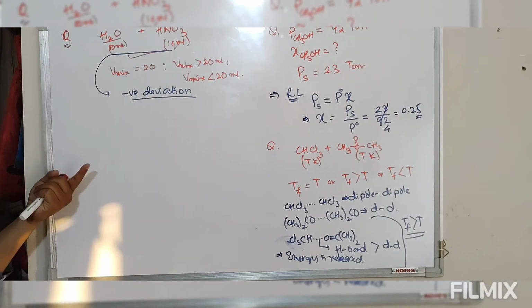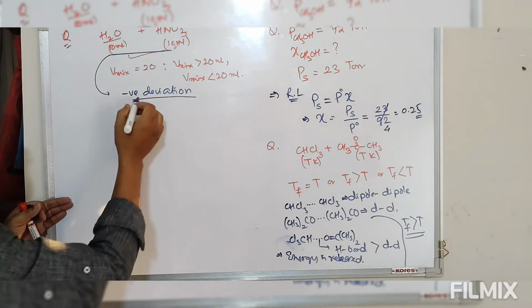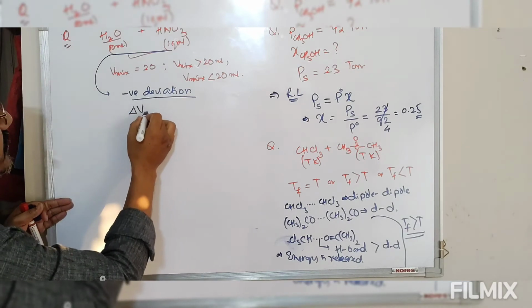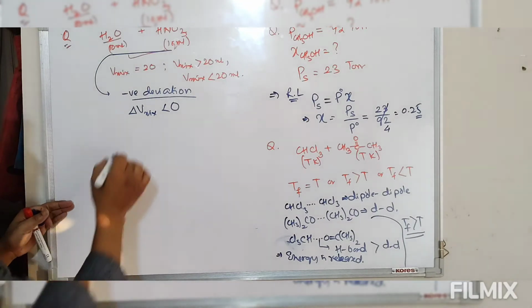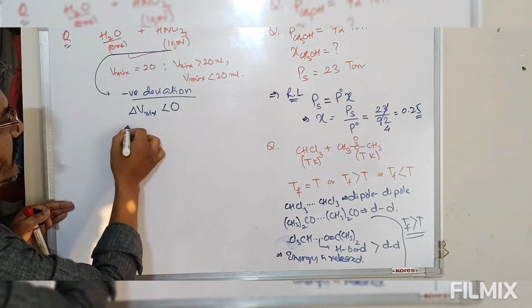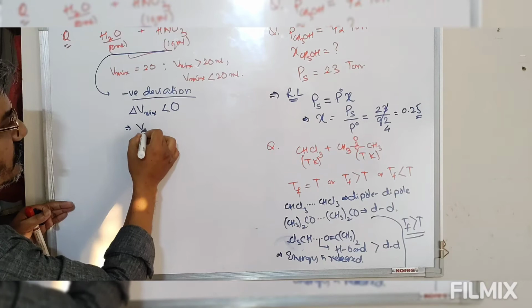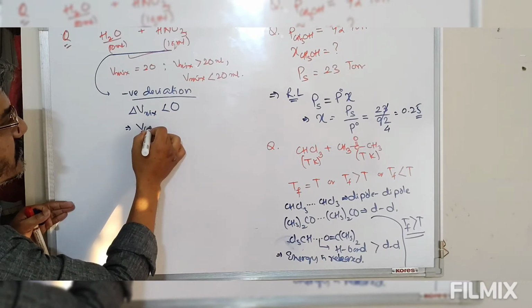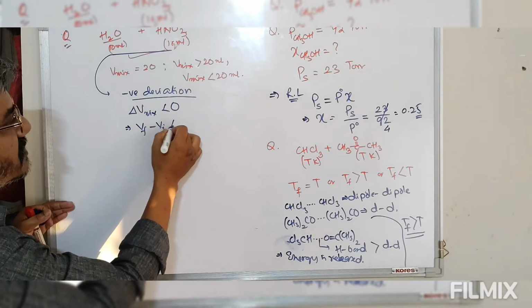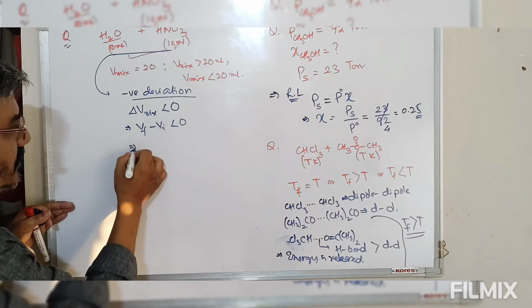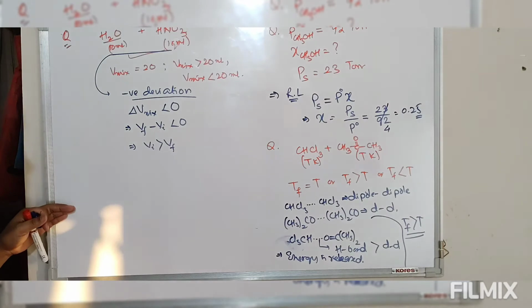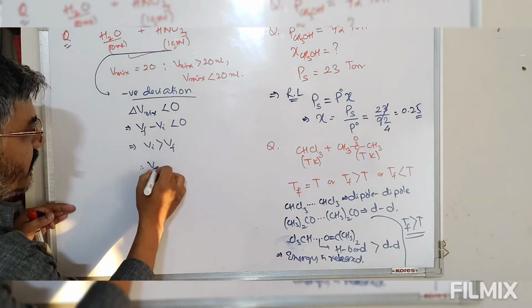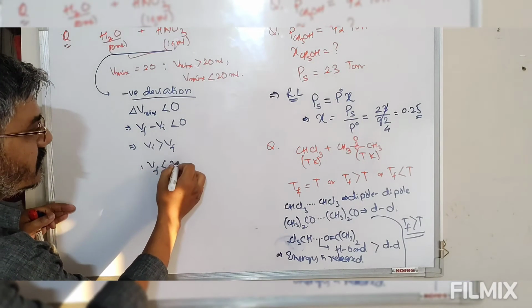If the solution forms negative deviation, then the condition says delta V mix should be less than 0. That means the final volume after mixing minus the initial volume must be less than 0. That means the initial volume is greater than the final volume, so the final volume should be less.